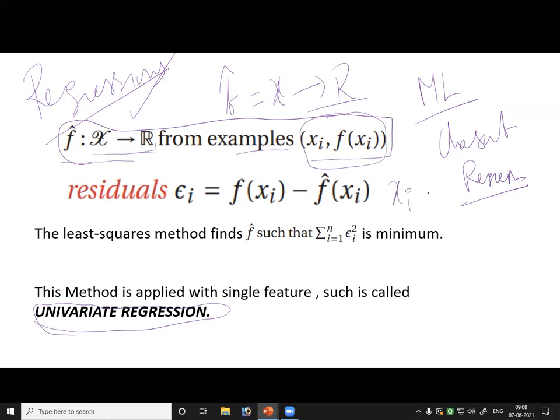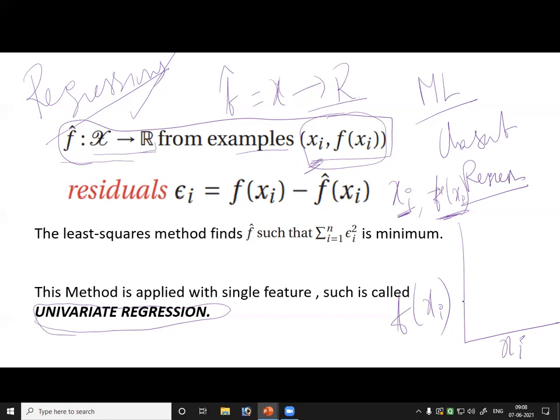Xi is applied, it gives you f of xi. Xi is called independent, f of xi is called dependent. See, this is xi and this is f of xi. Now we get f hat.